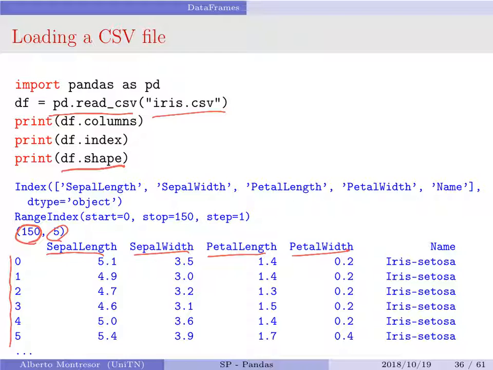The 5 columns are these values that you see here, and then the name of a particular instance of an iris flower. So this is Iris setosa, and these are the values. So when you get this, you have your data set, and you can forget all the part that I just introduced about how to create them manually, because clearly you read them from files.